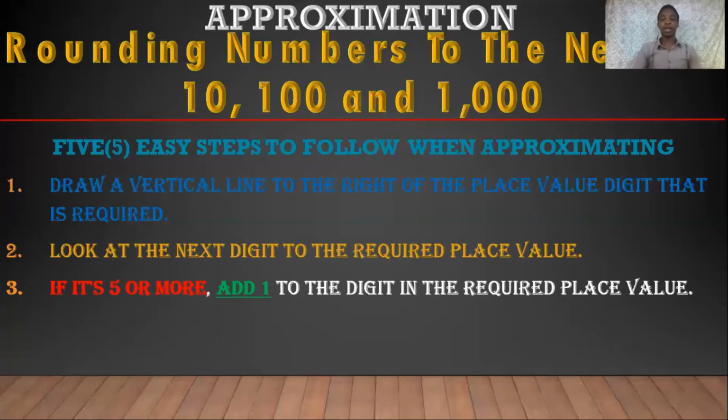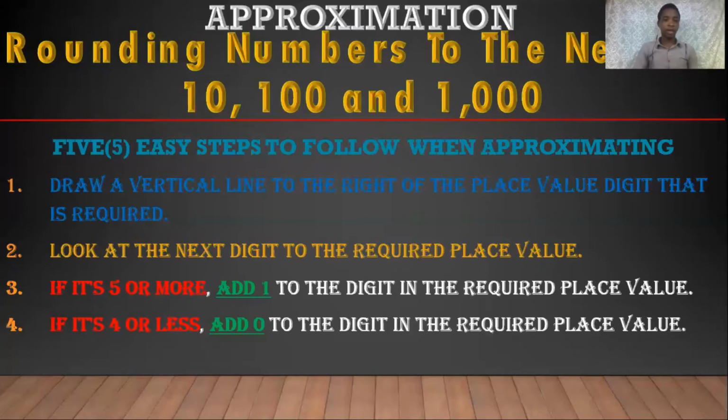After checking the next digit, if you find that it is 5 or more, that means you have to round up. 5 or more means if it is 5, 6, 7, 8, or 9, you have to round up. Rounding up means you add 1 to the digit in the required place value. I will do examples so you can understand better.